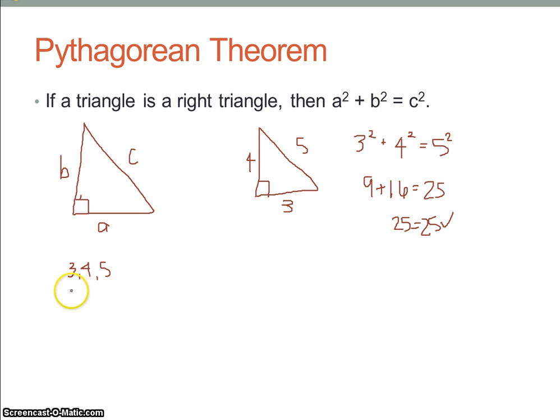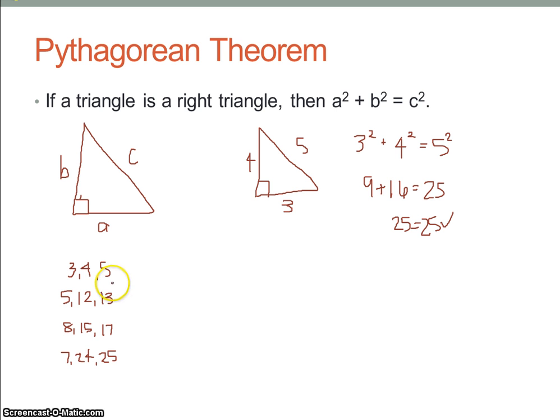We've also got 5, 12, 13. We got 8, 15, 17, and 7, 24, 25. Now these are ratios, so we could also use anything that is a ratio of these numbers.